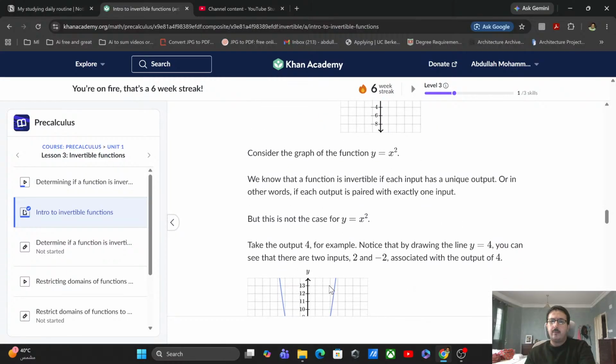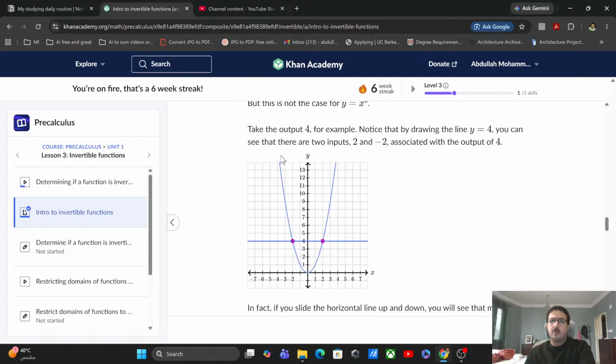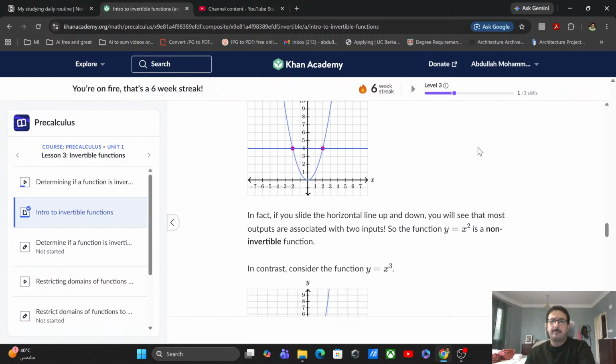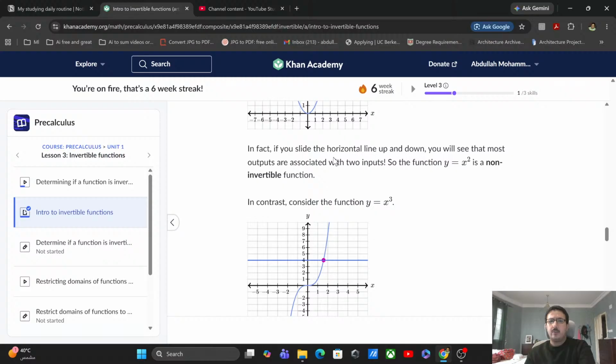So for an invertible function, each output should be paired with exactly one input. But this is not the case. Take the output and notice, if you slide the horizontal line up and down, most outputs have two inputs.